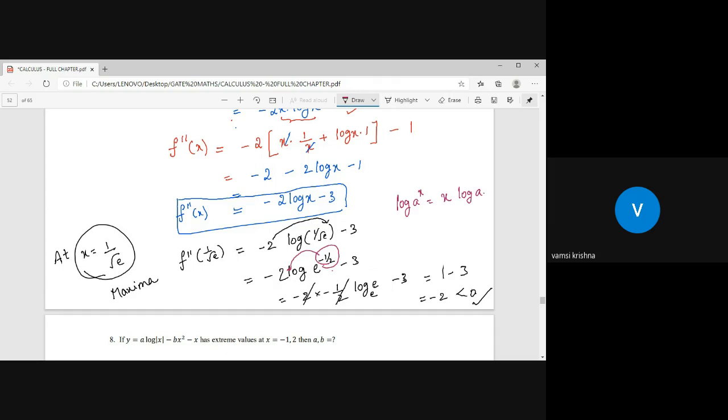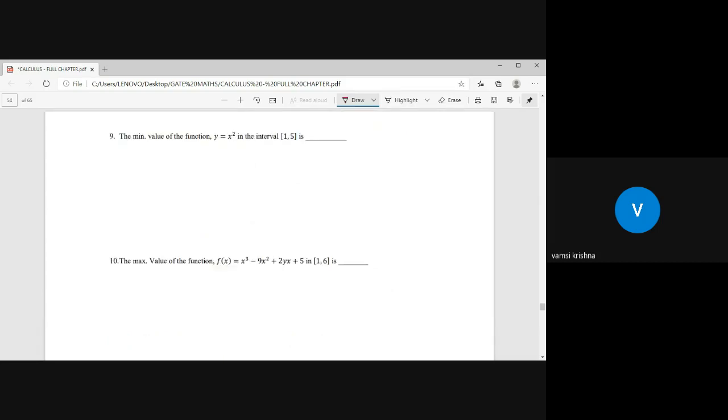Okay, students, in this model you can solve these maxima and minima. And see another question. The minimum value of the function y is equals to x square in the interval 1 comma 5. Okay, so you just see the given interval.